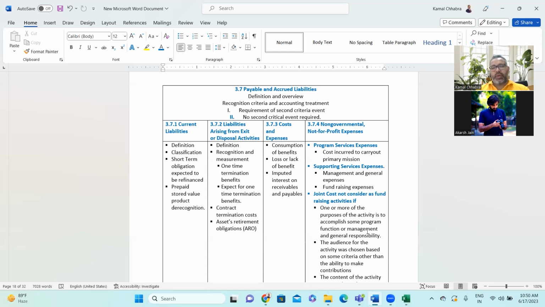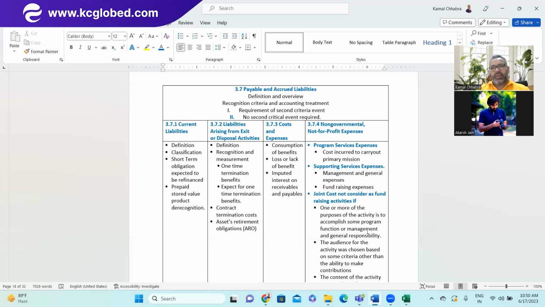What is a program, and what are the program service expenses? How are those expenses incurred, carried out, or recognized in the financial statement? And then the second concept we'll be understanding is the supporting service expenses.